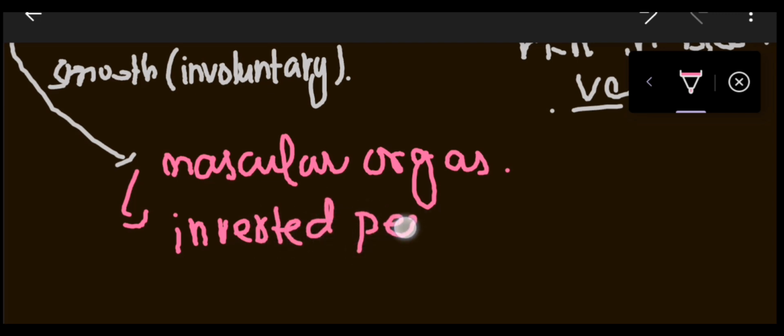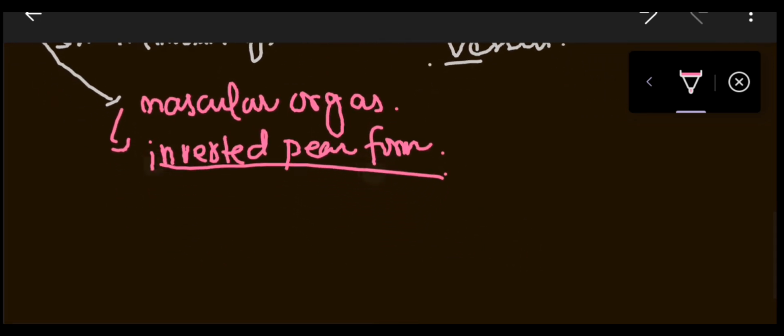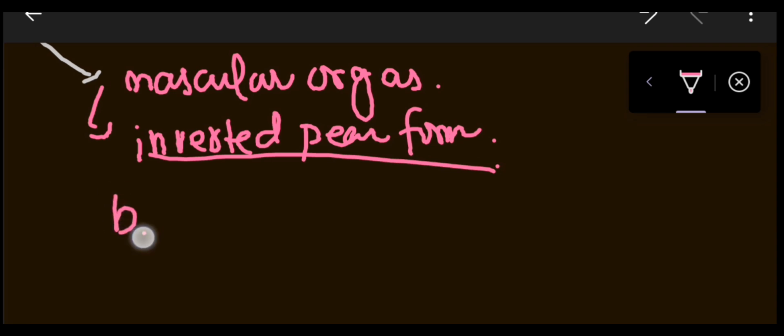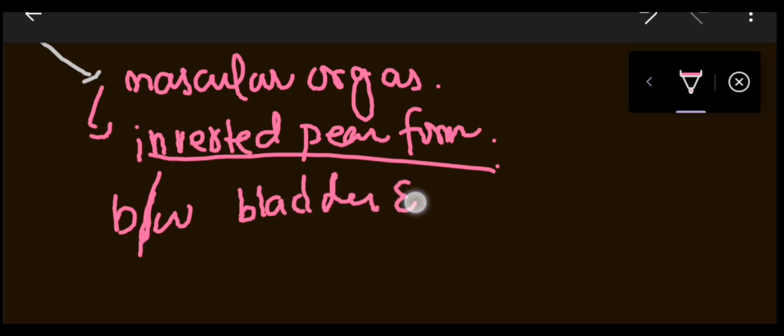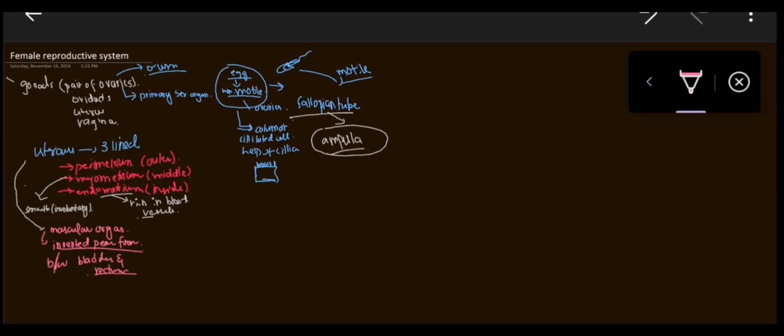This inverted pear shaped uterus lies between the bladder and rectum. This is the muscular inverted pear shaped organ.